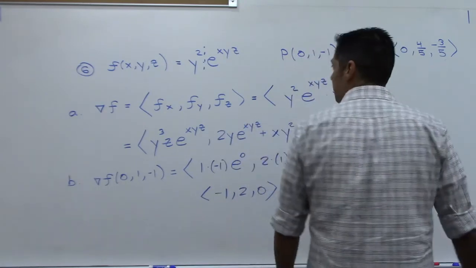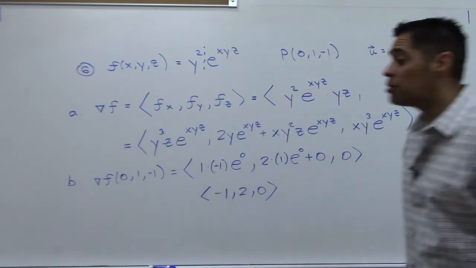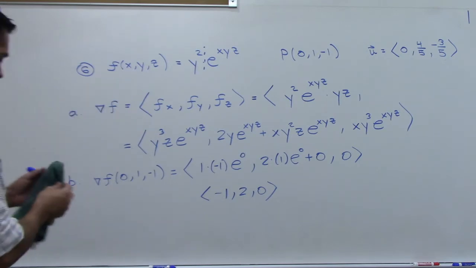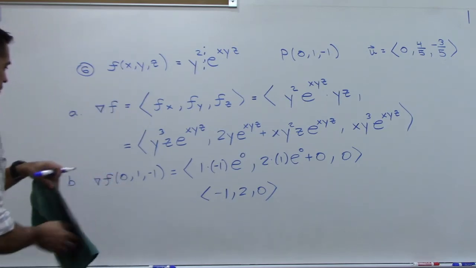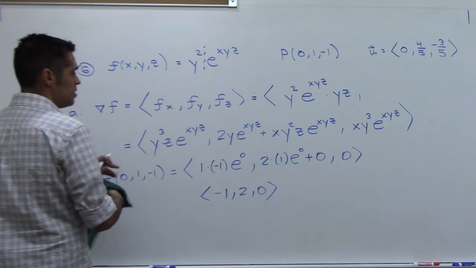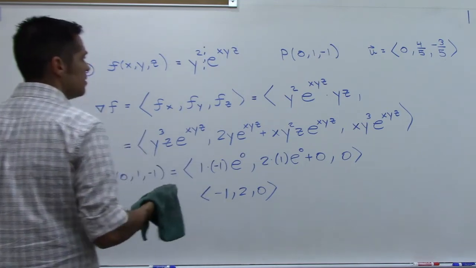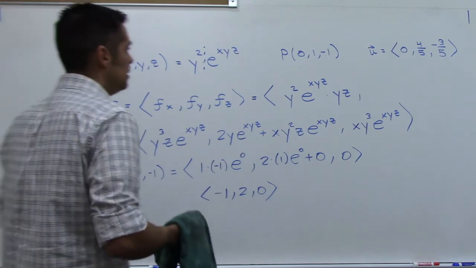The last thing is to find the directional derivative in the direction of u for this function. So I'm still going to use the gradient, all right? So one thing I could do is use this.